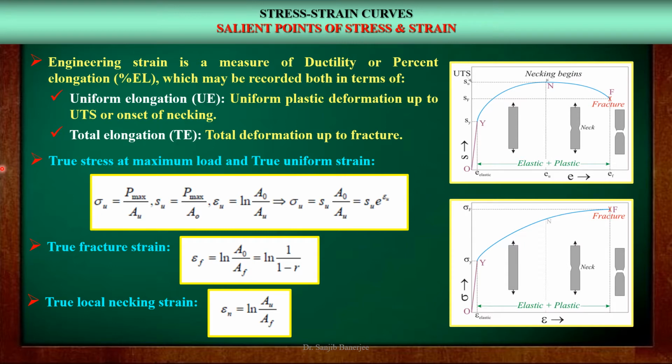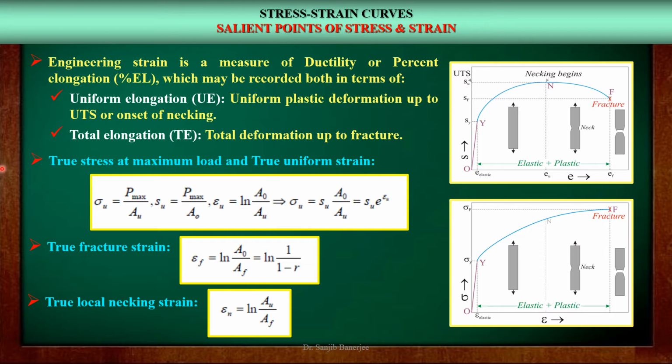From the earlier sections, we know that true strain is equal to the log of A naught by A, where A naught is the initial or original cross-sectional area and A is the actual or instantaneous area.